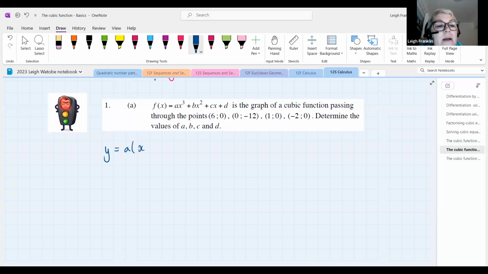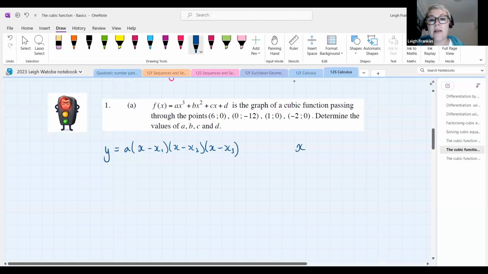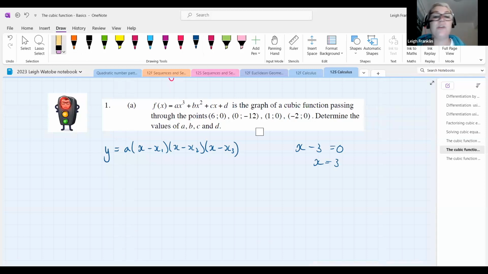So it's x minus x1, x minus x2. So it is minuses for all of them. Again, remember when you're solving, if you had x minus 3 equal to 0, you'd have x equal to 3. So that's why the sign changes when we go back into the bracket.